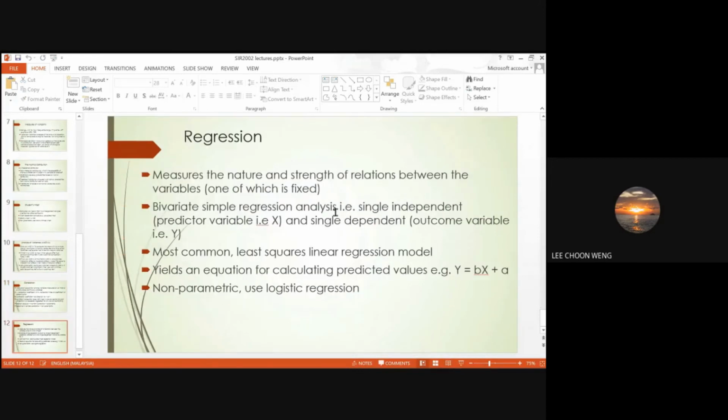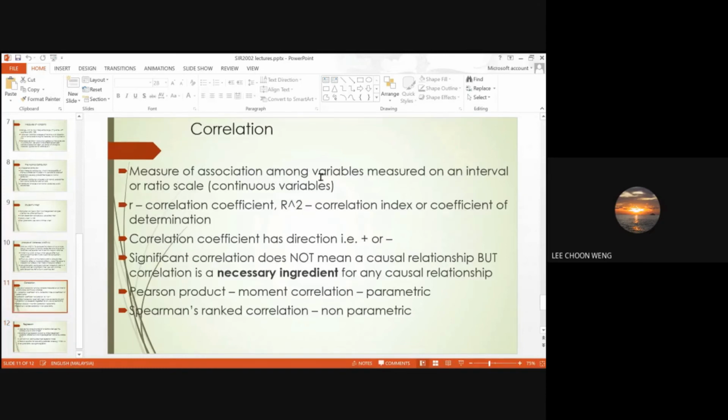Finally, once you have your correlation analysis and you see that they have a significant correlation, you can test the nature and strength of the relationship. For regression, the difference between regression and correlation is that for correlation, both the variables are independent.